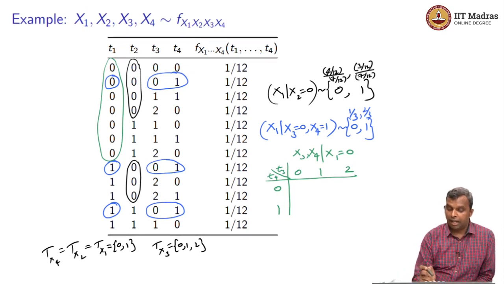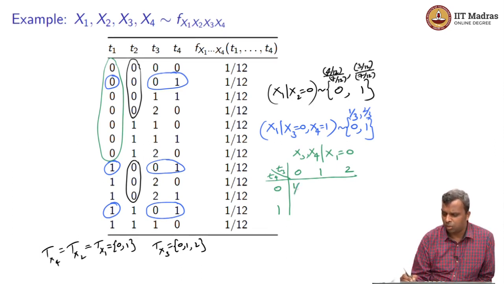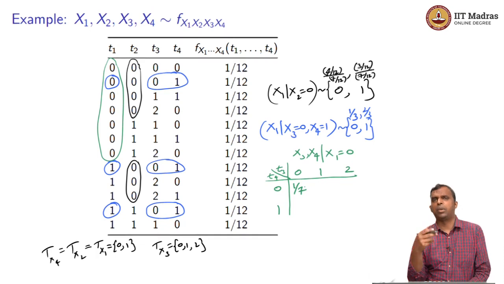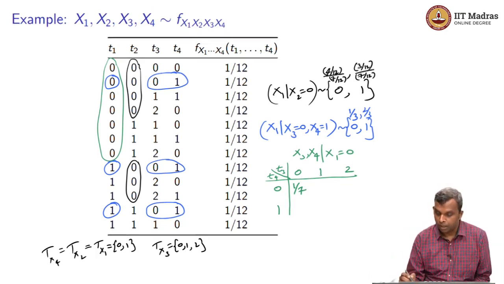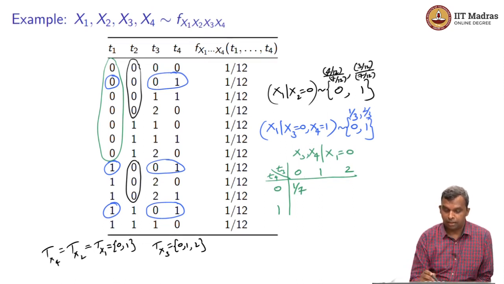Okay. And if I look at 0, 0, that is 1 out of the 7 cases here, right? So you can do it more carefully. You can do 7 by 12 in the denominator, 1 by 12 in the numerator. We'll get the same answer. Okay. T3 is 0, T4 is 1. That is again 1 by 7, right? T3 is 1 and T4 is 0.